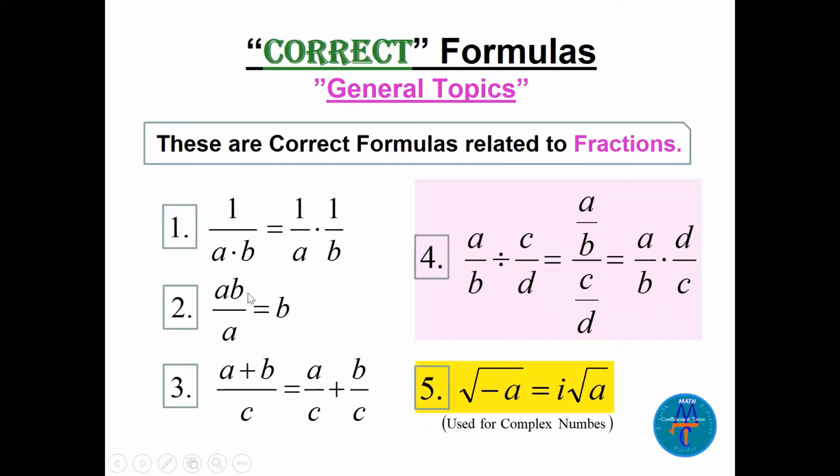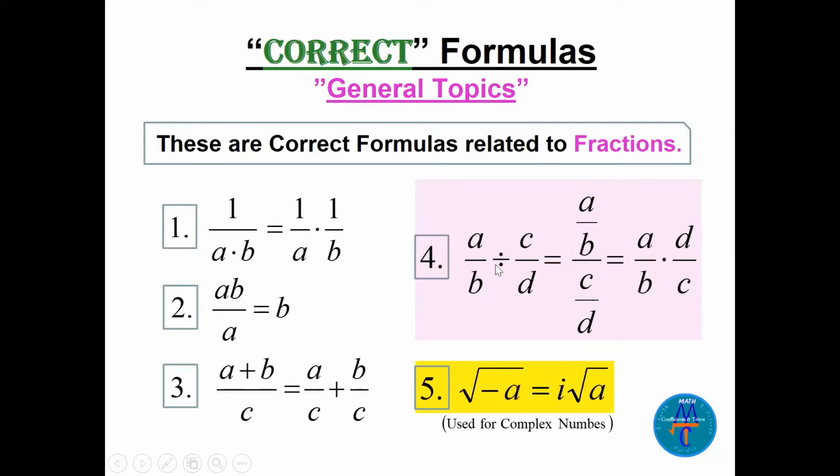If you have a times b over a, you can cancel the a, the answer is b. If you have a plus b over one number, see the denominator here, little tricky, number 3. In the denominator here, one number, you can split it into a over c plus b over c. That's very tricky, number 3.